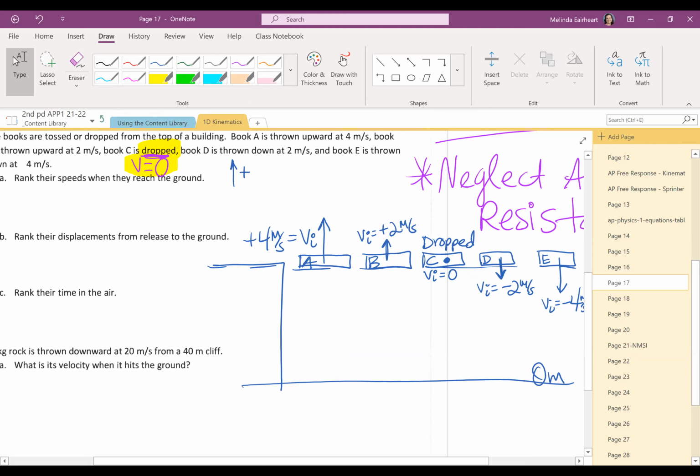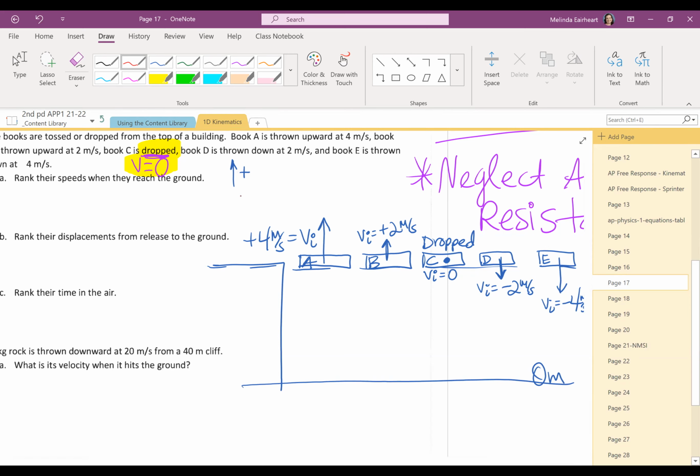No air resistance. I can't hear you. Yeah, book A. Why book A? So let's focus on book A. Let's draw kind of that strobe light, strobe photography. What happens in the next second? What's book A going to do? It's going to be going upward, still at 4?